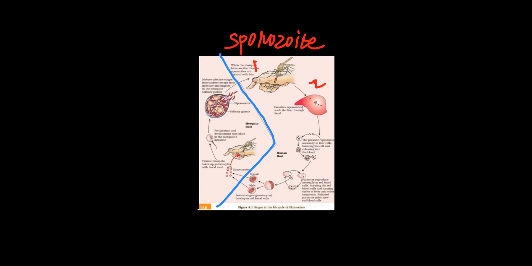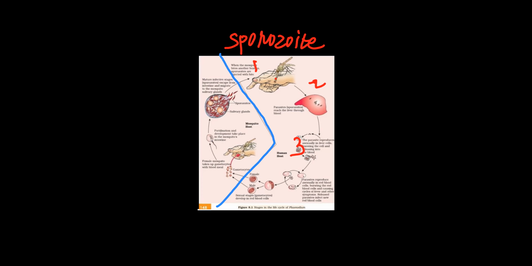Within the liver, it will complete several rounds of multiplication. Here it carries out asexual reproduction, a kind of sporulation. These are sporozoids amongst the protozoa.